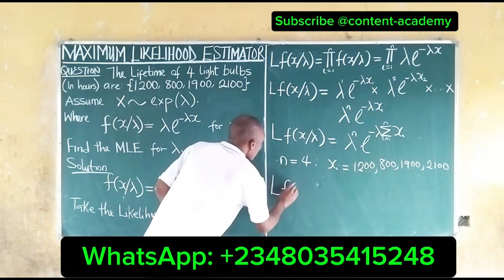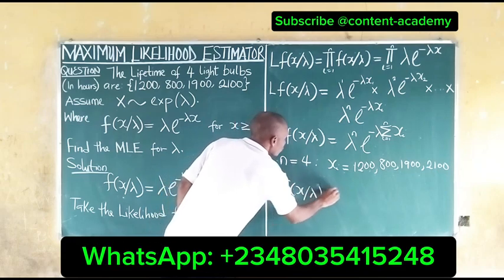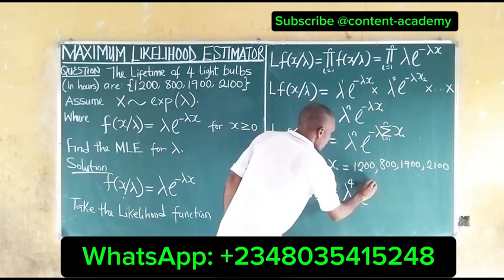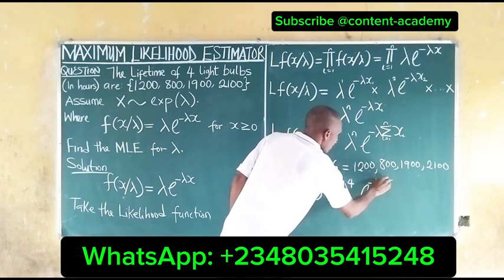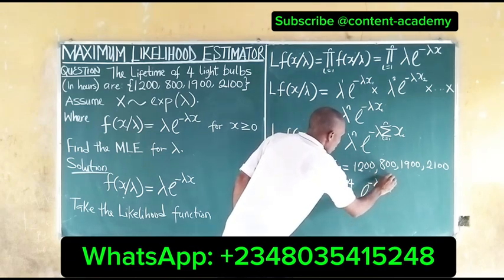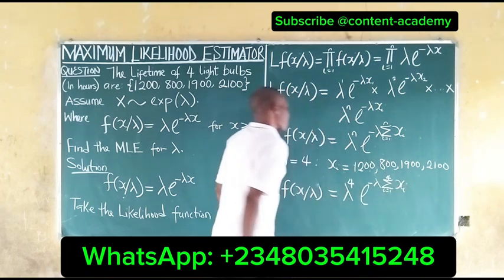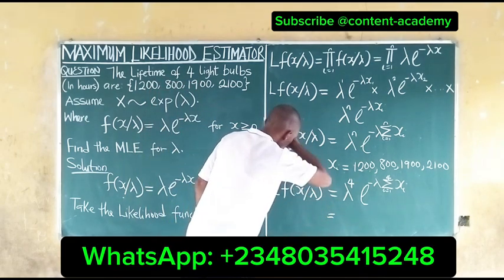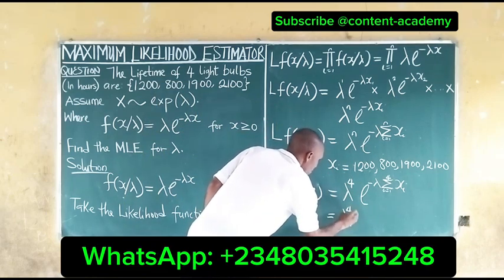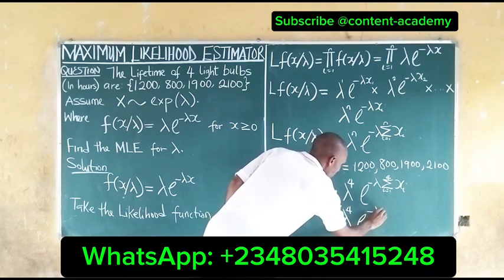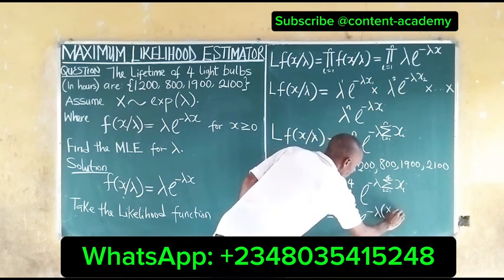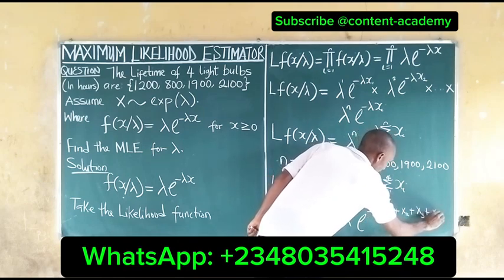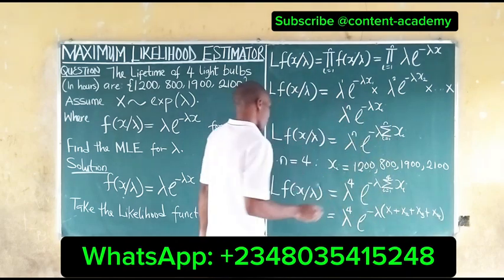So it then means that our likelihood function will be equal to lambda raised to the power of 4 exponential negative lambda multiplied by summation of xi as i runs from 1 to 4. This is the same thing as lambda raised to the power of 4 exponential negative lambda times x1 plus x2 plus x3 plus x4.